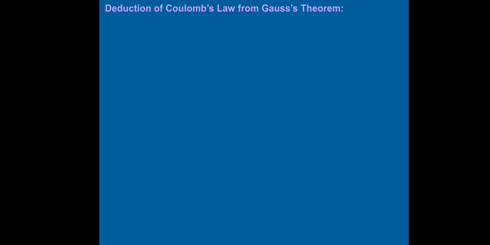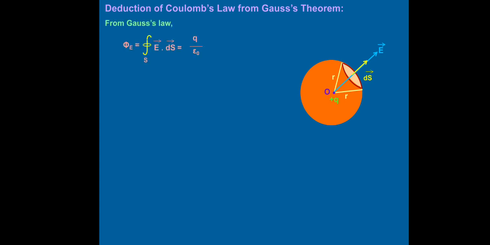Deduction of Coulomb's law from Gauss's law means: what is the relation between Coulomb's law and Gauss's law? We can correlate these two. Suppose a charge plus q is placed at O, which is the center of a hypothetical sphere. Then from Gauss's law we can find the electric flux, which is q upon epsilon naught.